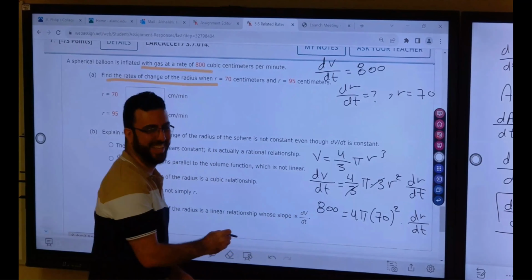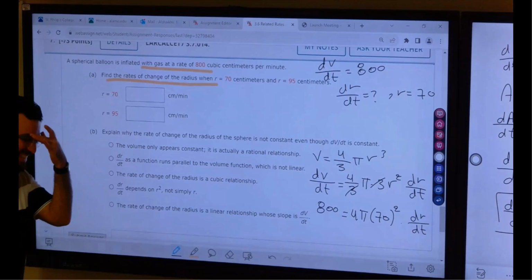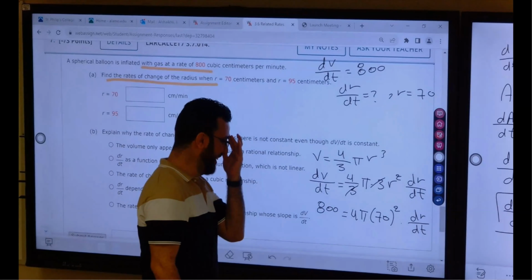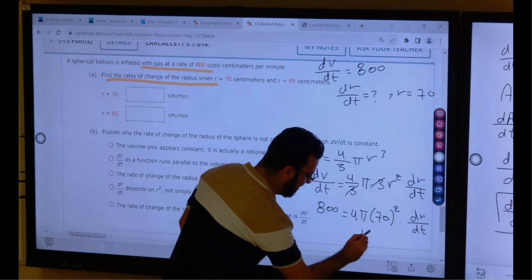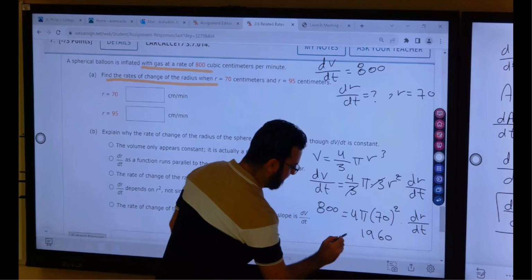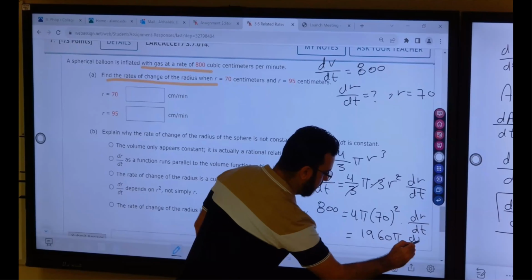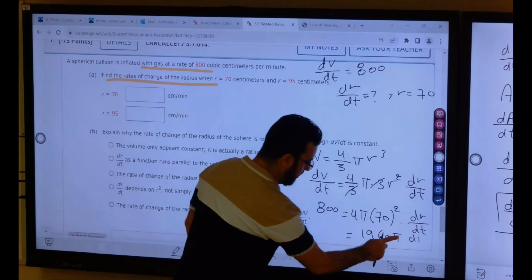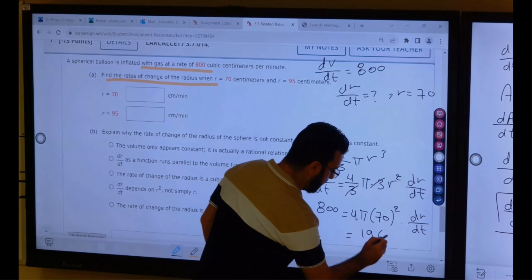Check it on the calculator. 19,600. Pi, don't forget the pi. 19,600 pi.